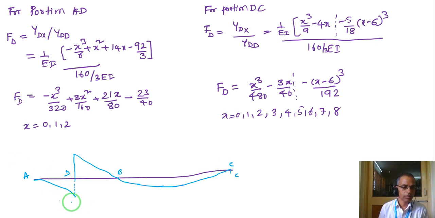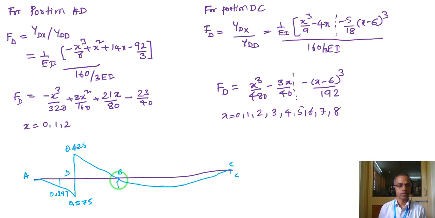So this ordinate will be 0.575, and this 0.425. So the sum of these ordinates will be 1. This is important. It's very important. Right? For the remaining ordinates, let's say x is equal to 1, I get 0.297.